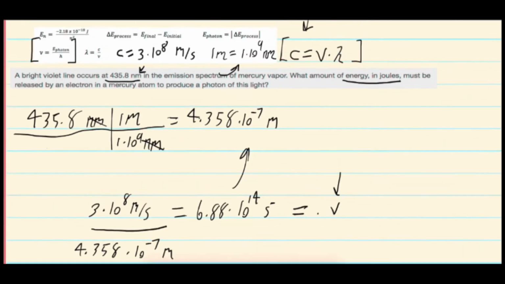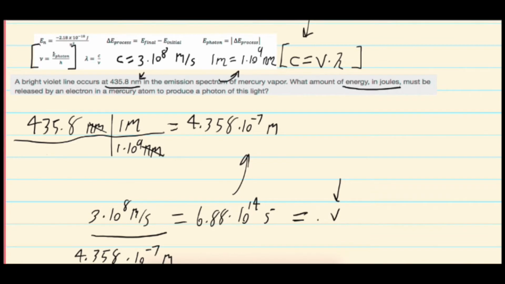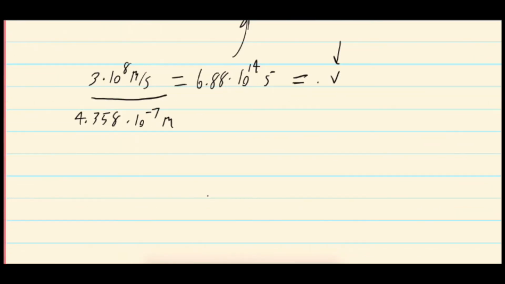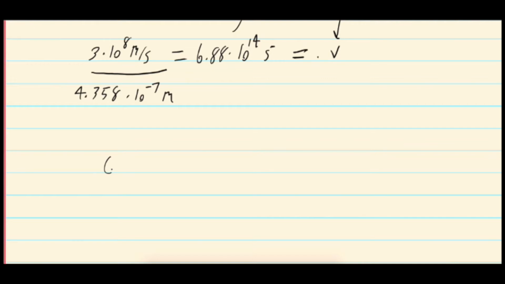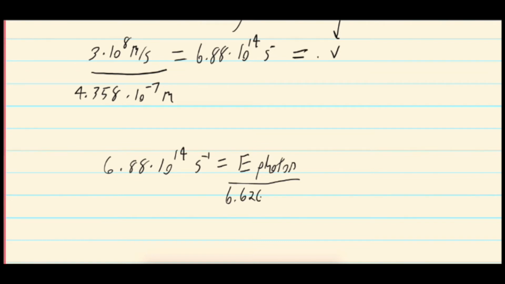If we look back up here, we have the equation frequency equals E photon over h. So our frequency, 6.88 times 10 to the power of 14 reciprocal seconds, equals E photon, what we're trying to find, over Planck's constant, h. And that is 6.626 times 10 to the power of negative 34 joules times seconds.